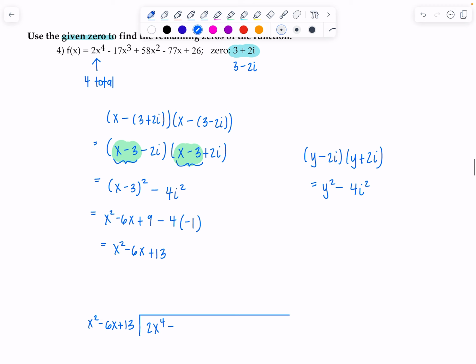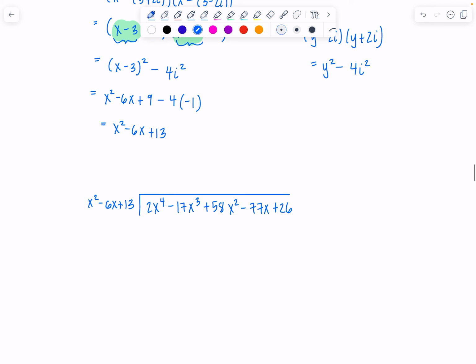2x to the 4th minus 17x cubed plus 58x squared minus 77x plus 26. Okay, so you just start off always looking at the leading terms only. So what do I multiply x squared by to make it 2x to the 4th? 2x squared.